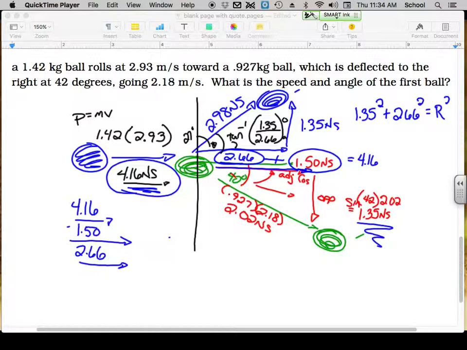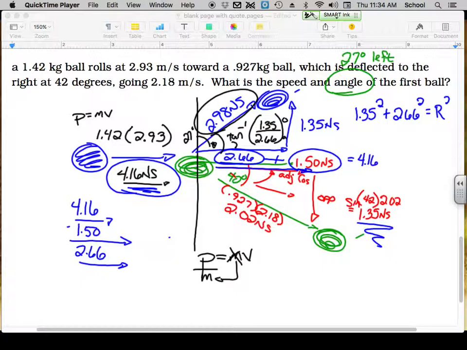Now, we're almost done. We want to know what is the speed and angle of the first ball. So we just figured out the angle of the first ball is 27 degrees to the left. So that part was easy. Now, to find the speed, that one is easy also, because we know the momentum here. And again, we know that P equals mv. Well, I know the momentum, that's the P. I'm looking for the V, so I just need to bring the m down here.